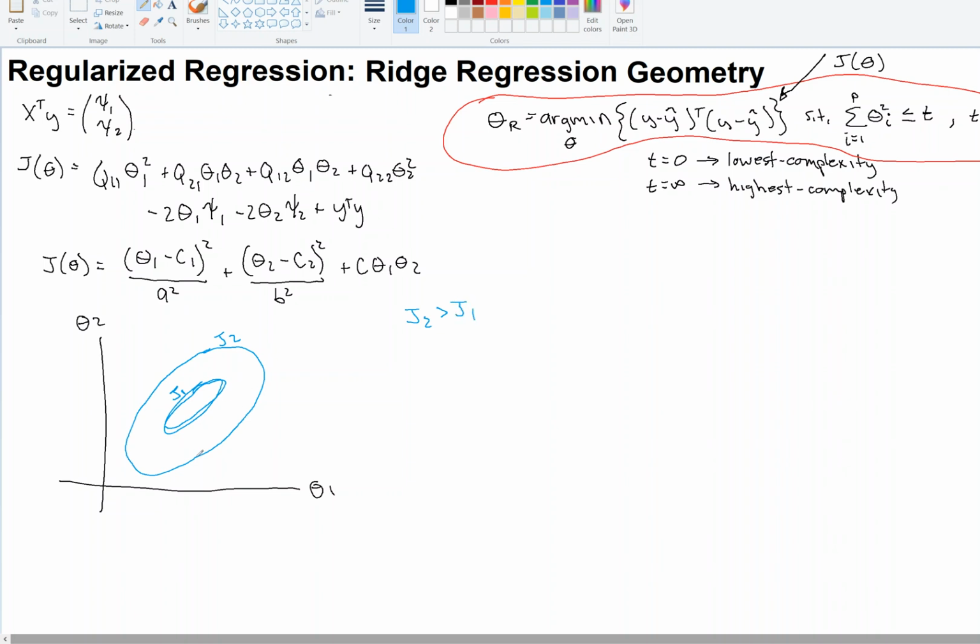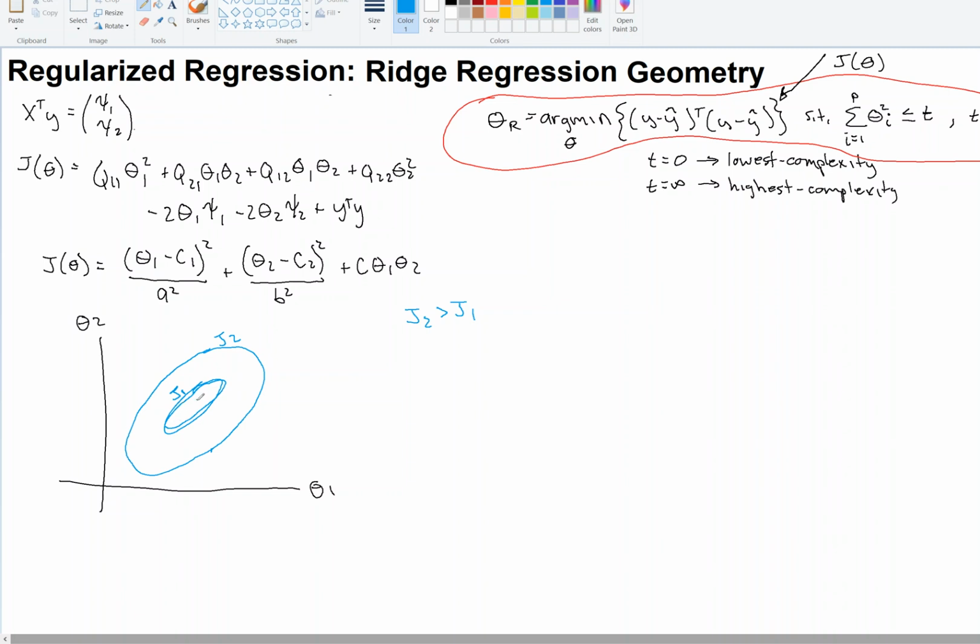So now, again, any pair of theta 1, theta 2 on this ellipse gives me the same fit, the same sum squared error. But that sum squared error on the J2 ellipse is larger than the sum squared error of J1. So that means, in terms of fitting, J1 is doing a better job. Anything on this ellipse is doing a better job.